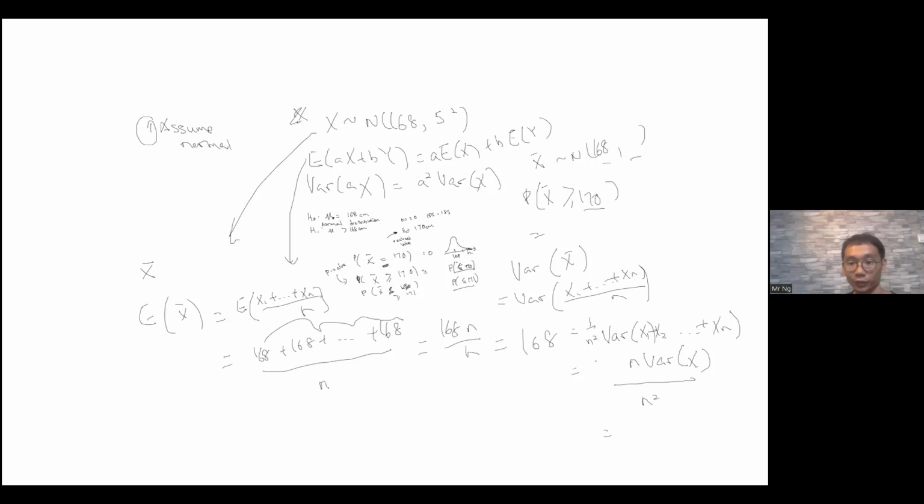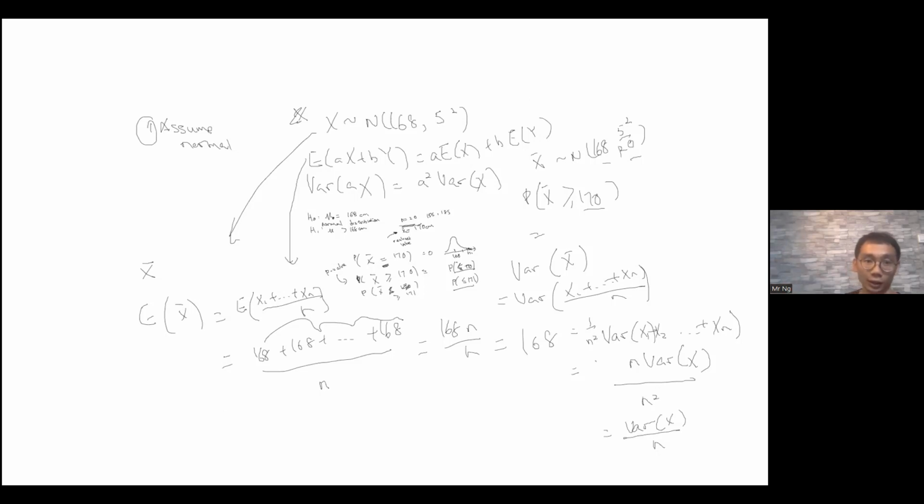That's why it's equal to the variance of x divided by n. That's why here it is 5 squared divided by 20. So that's the first scenario, where the principal tells you that it's normal.